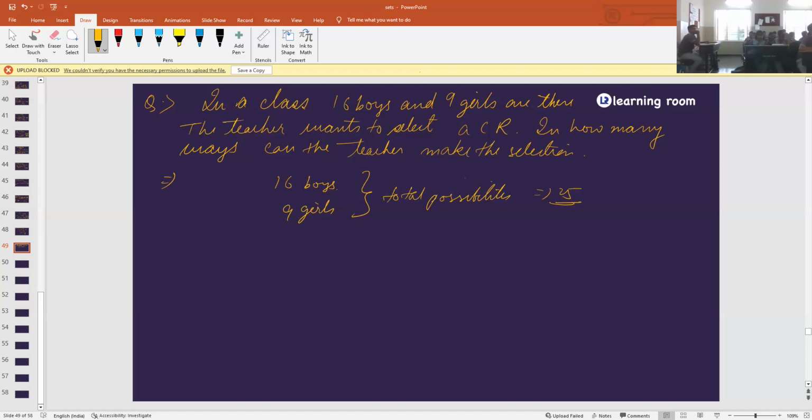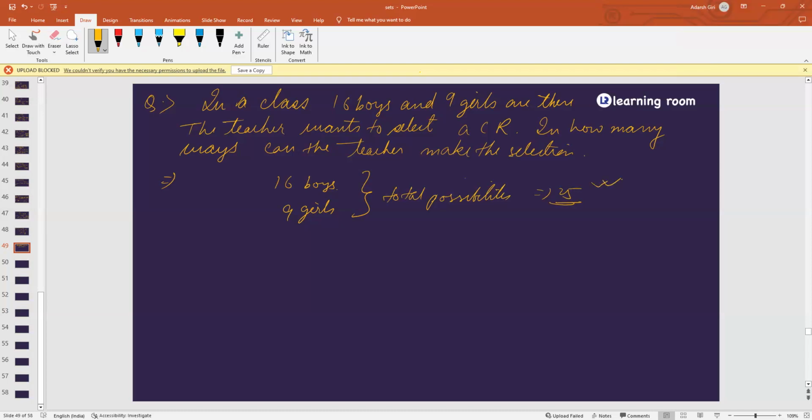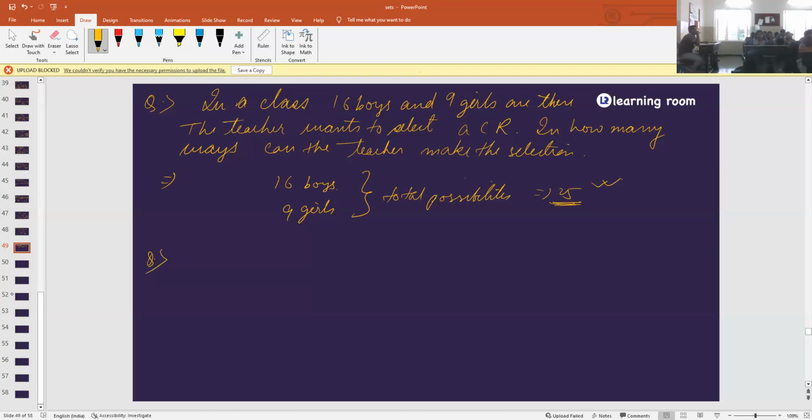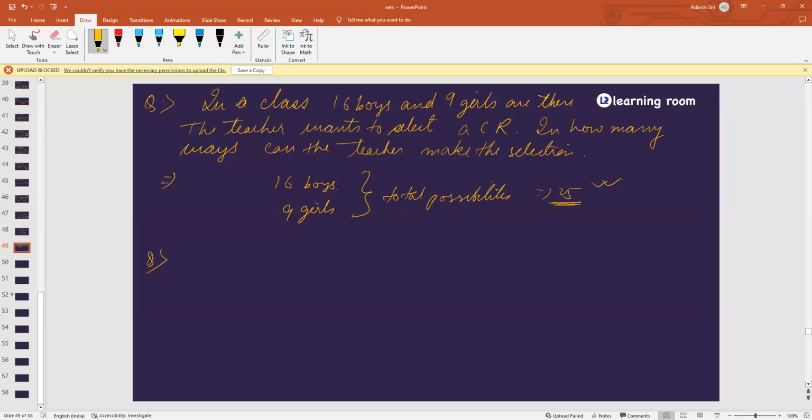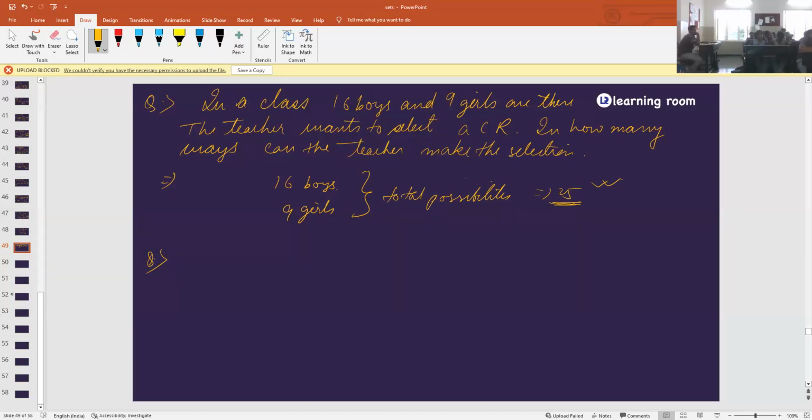So the teacher has 25 options to select any one of them. Understood? So 25 random arrangements will be there. That is what we do in permutations. We calculate the total number of possibilities. So this was the easiest one.